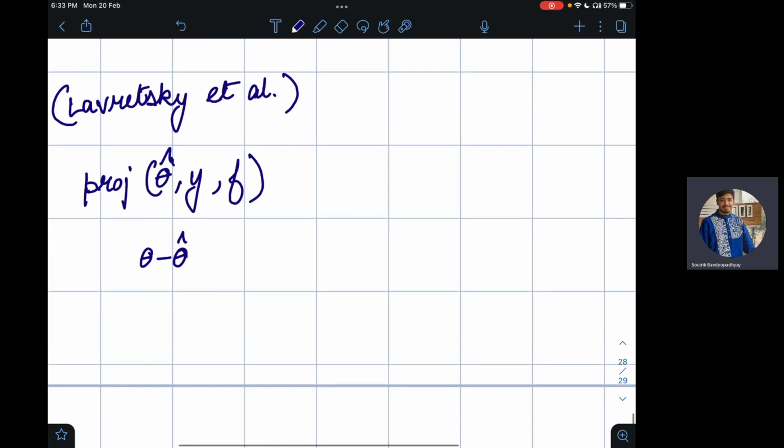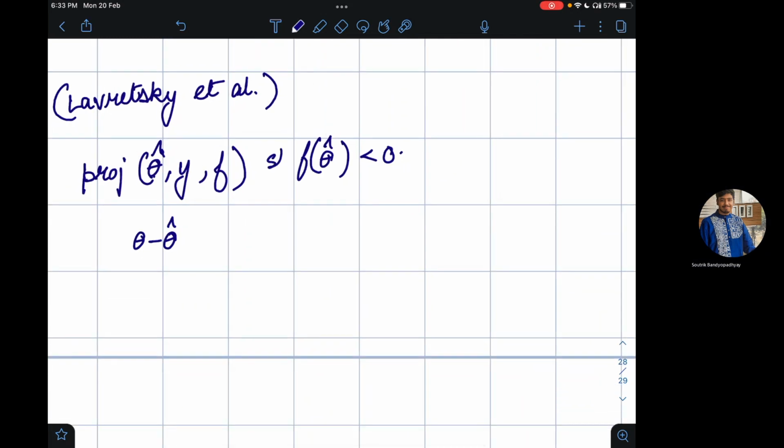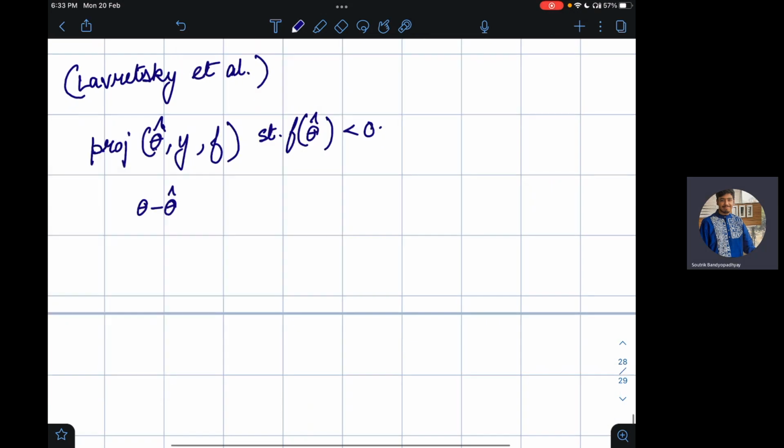So you are projecting y to theta hat such that theta hat follows this relation, right?